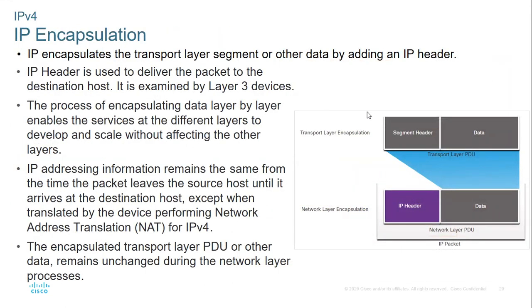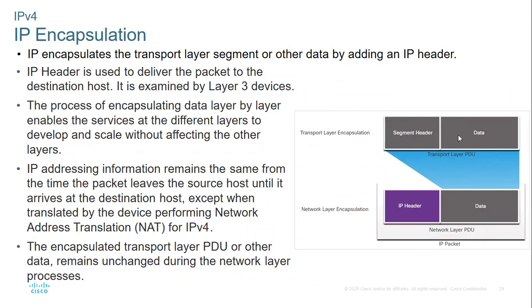All right, so I have talked about IP encapsulation. So this is what we get from the transport layer. Of course, when data is coming down, it is just data. When it reaches the transport layer, we're going to add the transport header to data, and this PDU will be called a segment.